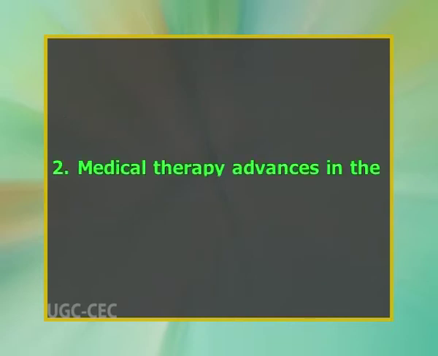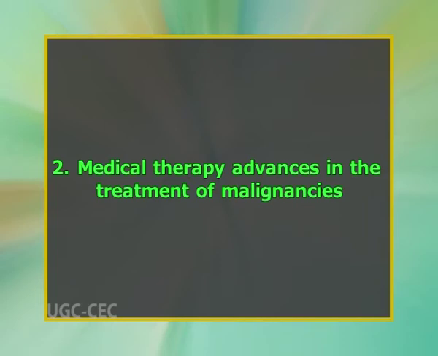Number 2, medical therapy: advances in the treatment of malignancies with radiations in the past 5 years have developed along the following lines: precise localization of the malignant area to be destroyed by radiation, an ability to deliver an adequate dose of radiation to the site, and a marked reduction of radiation dose to adjacent healthy tissues and vital structures.